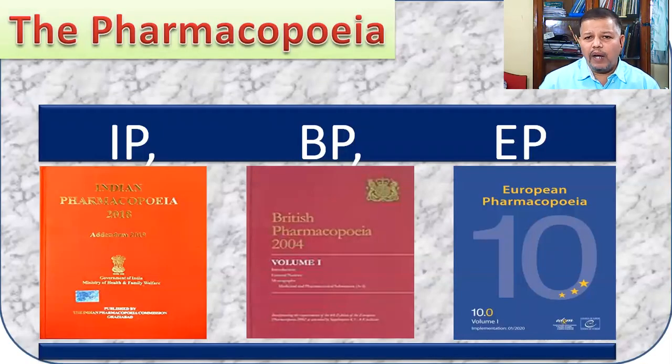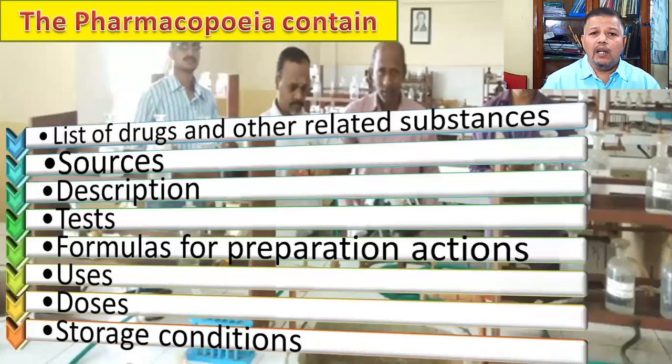Now, we are using the pharmacopoeias, Indian Pharmacopoeia, British Pharmacopoeia, European Pharmacopoeia, for the standard preparation, formulation and procedures laid down in all these pharmacopoeias. The pharmacopoeia contains the list of drugs and other related substances.